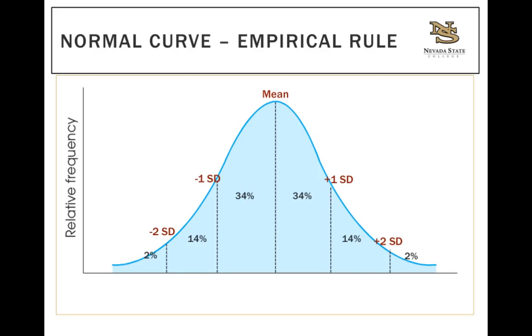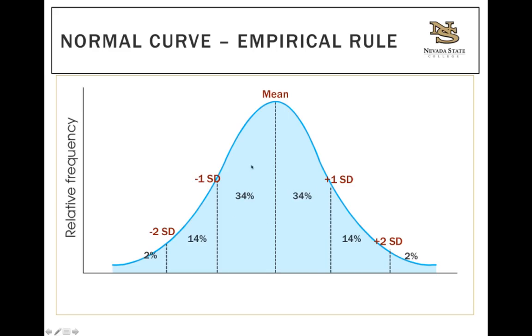So what we know is that between your mean, whatever that happens to be, and 1 standard deviation away, whatever that happens to be, you have 34% of your participants or survey takers or people that you're studying, right? So we have 34% here and 34% here.